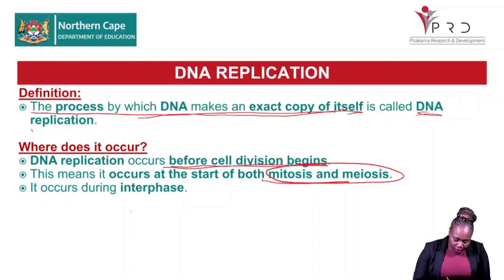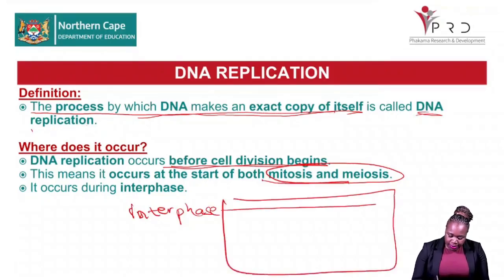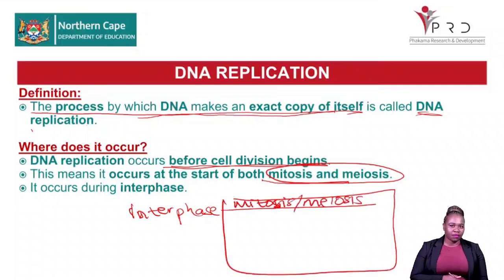Remember, we have interphase, which takes place before mitosis and meiosis, and then we can start saying mitosis has started or meiosis has started. Right now, in meiosis we have the other phases, right?